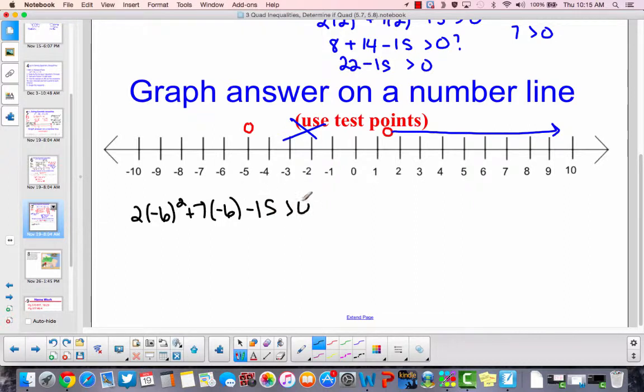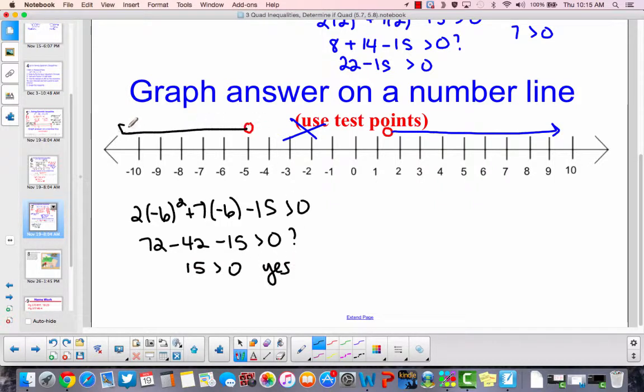And we want to know, is that greater than 0? Well, negative 6 squared is 36. 36 times 2 is 72. 72 plus 7 times negative 6 is minus 42, minus 15. 72 minus 42 is 30. 30 minus 15 is 15. 15 is greater than 0. So it looks like this part of the number line works as well.